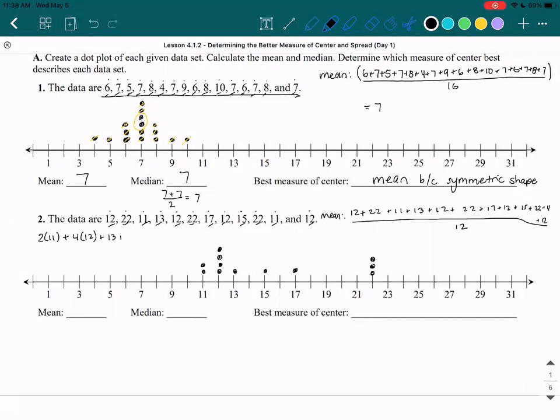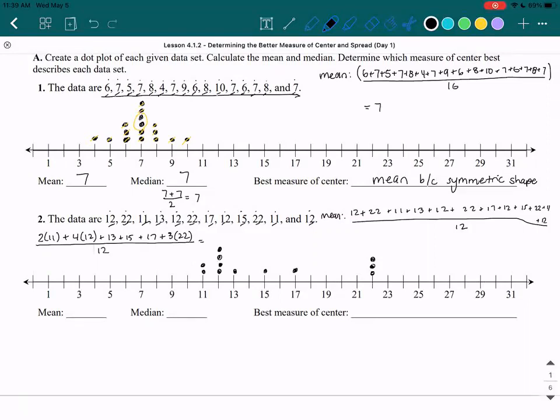And then plus 15 and plus 17 because there's only one number in those. And over here, there's 3 22. So I can say plus 3 times 22. And then you still divide by the total number of dots, which is 1, 2, 3, 4, 5, 6, 7, 8, 9, 10, 11, 12. So it's still 12 dots.